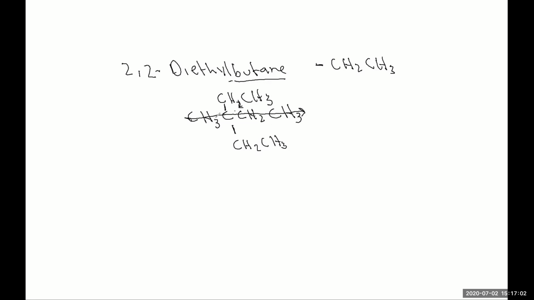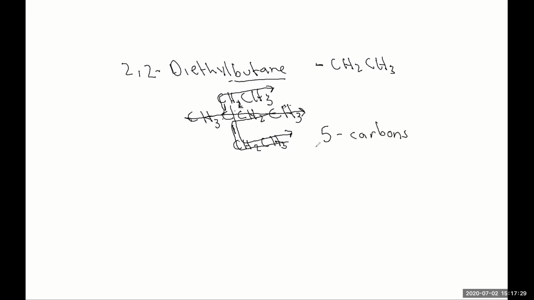Now this chain here, this way and this way, also have 4 carbons. But if we start the beginning of the chain here, we have 1, 2, 3, 4, 5. So if we follow the chain along this direction from one end, we have 5 carbons.